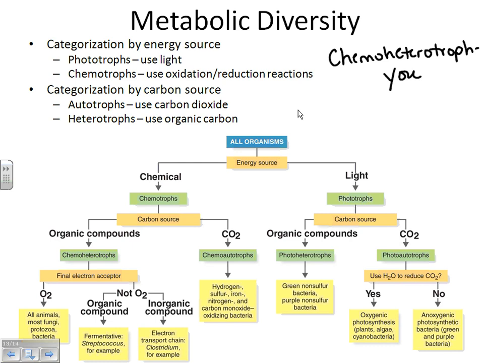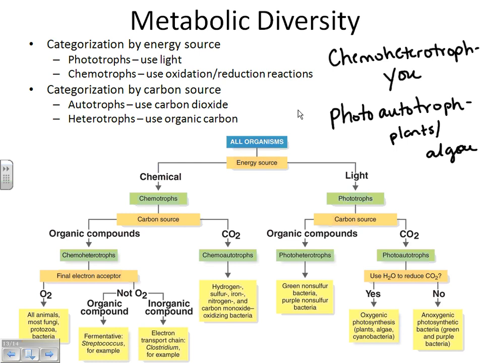The other most common one you'll see is a photoautotroph. And that's going to be plants or algae. Your photosynthetic organisms. Those are the ones that are photoautotrophs. The other two, really, really weird. You don't hardly ever see those, so I'm not going to make you memorize them because I don't think you'd ever come in contact with them in your lifetime.